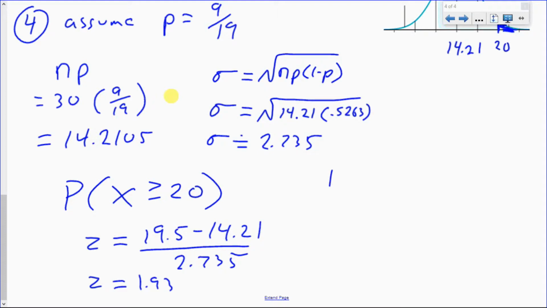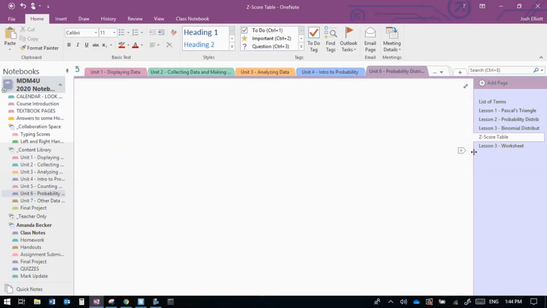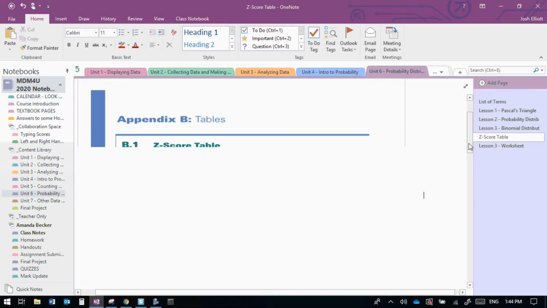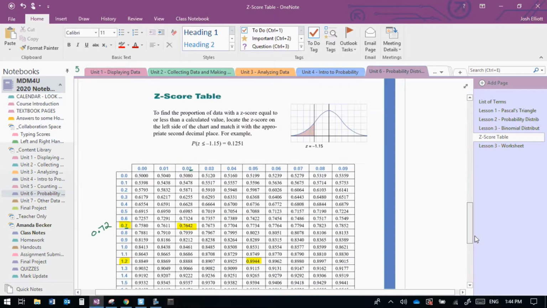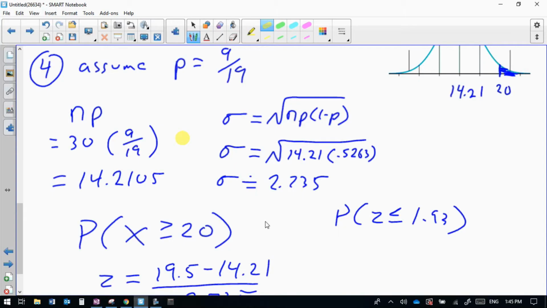Now again, we can only use our tables for less than. So what's the probability that you have a z-score less than 1.93? So I go to my z-score table. 1.9, there it is, 0, 1, 2, 3, 0.9732. That's from the table.